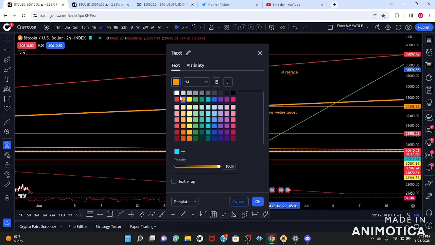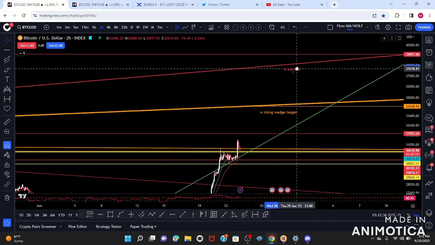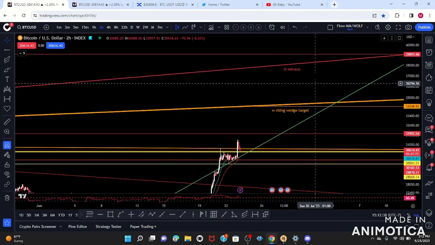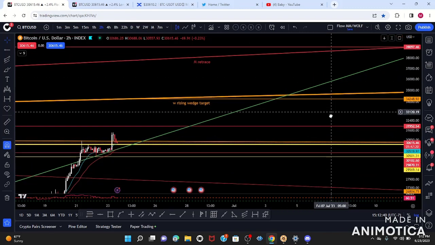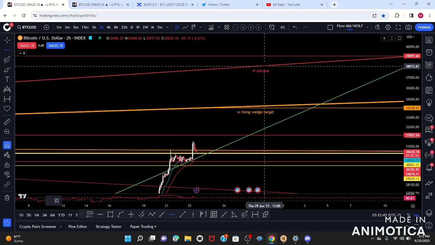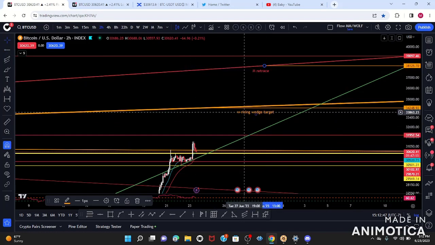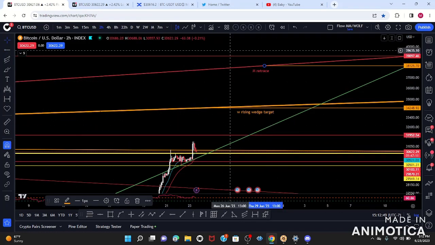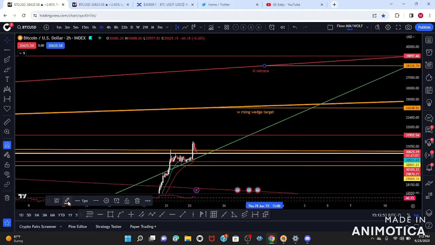Our monthly retrace, okay. So those are my possible next bullish targets, okay. And I'll get some targets here for you. So I marked the weekly rising wedge and my monthly retrace target is gonna be 38.